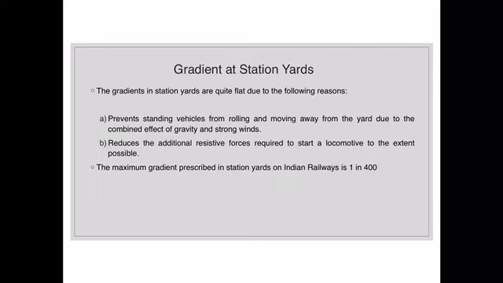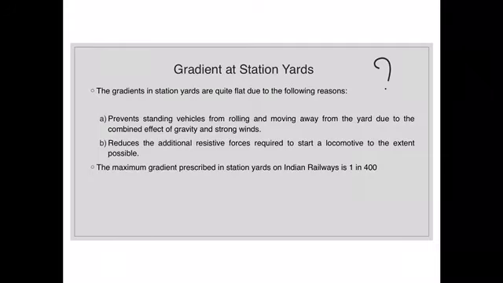And the last type of gradient we have is the gradient at the station yard. What should be the gradient maintained at the station yard? Generally the gradient provided in the station yard will be as flat as possible. And why should it be flat? There are two reasons.